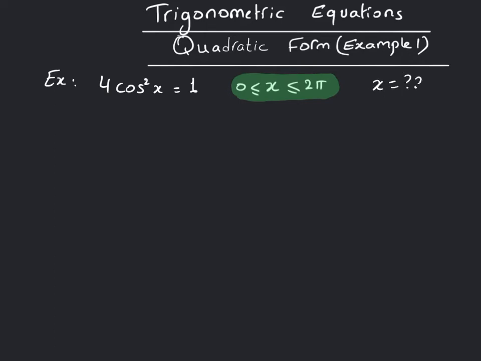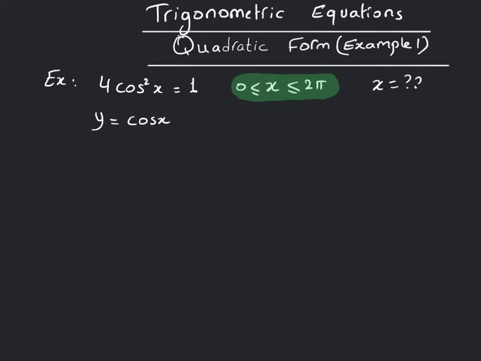Let's start. If you look at this equation, you can see 4 cosine squared x equals 1. If cosine squared x confuses you, you can just substitute cosine x by y. Let y equal cosine x.